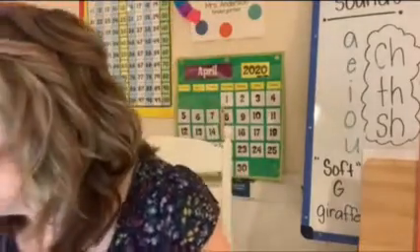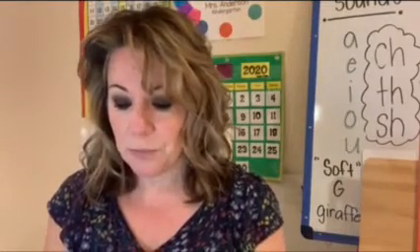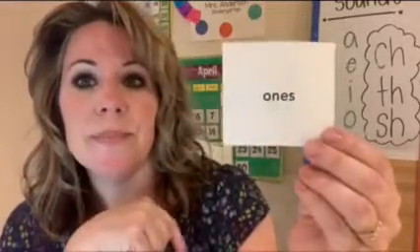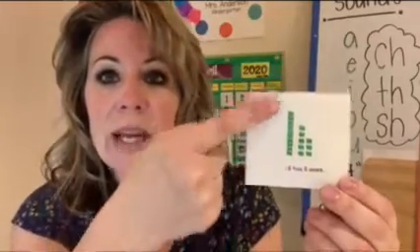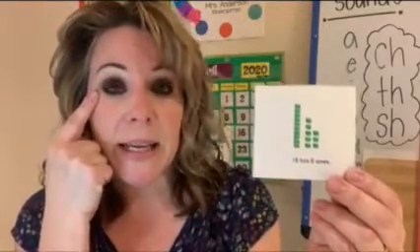Now, if you have your flashcards available, I want you to get your flashcards out. And we're looking at the word that says ones, okay? And I want to remind you what it means when we're talking about ones, because we have a 10 group right here. I know it's 10 because I can subitize it's 10, and I can count that it's 10, okay?